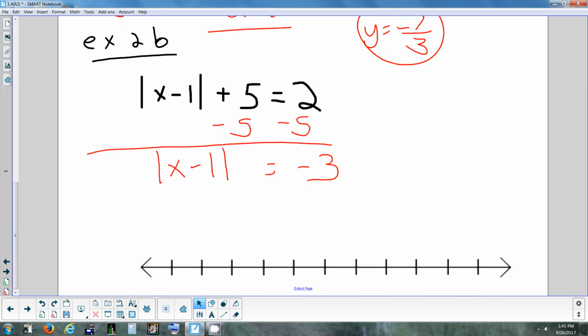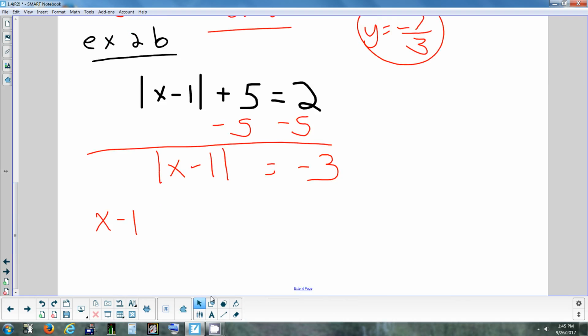All right, so what's my first equation going to be? If you're not going to have any bars, it's going to be x minus 1 equals -3 because it stays the same. Exactly.